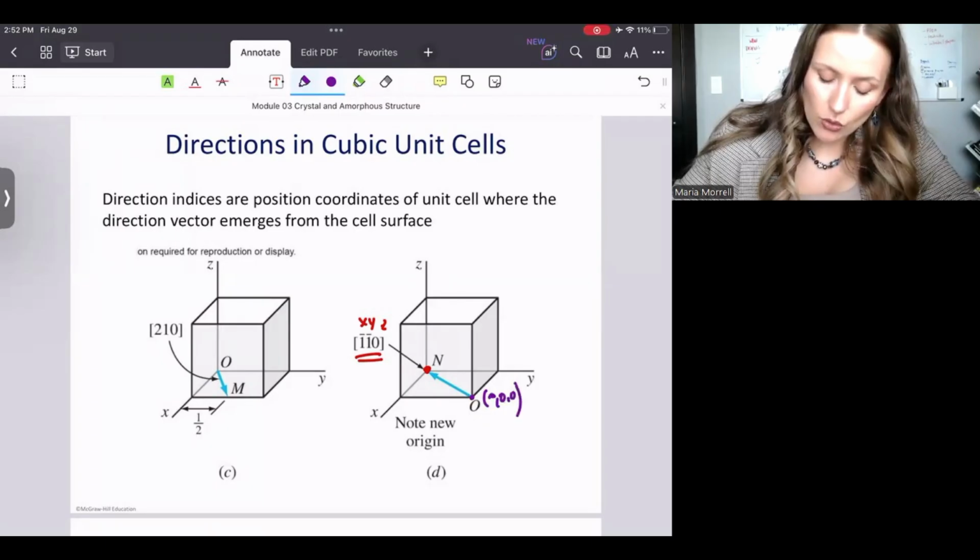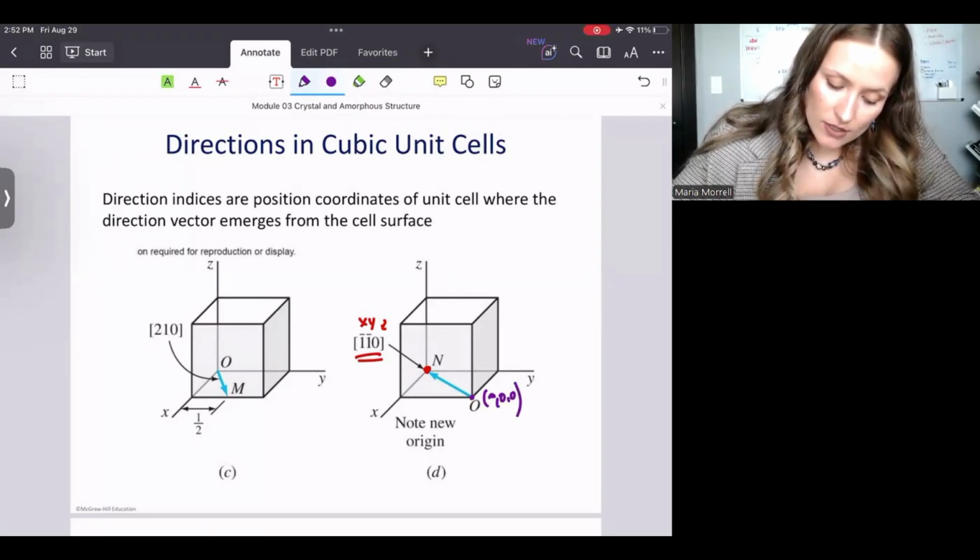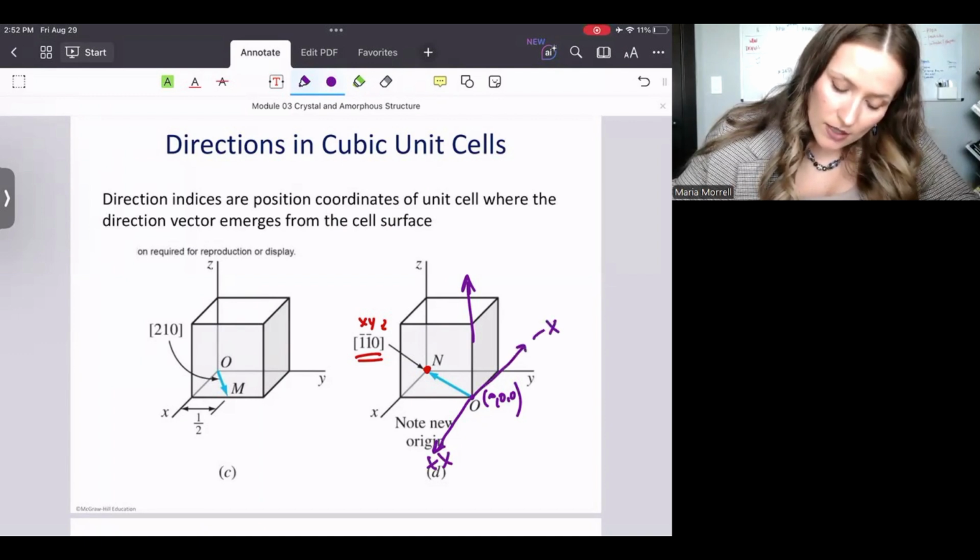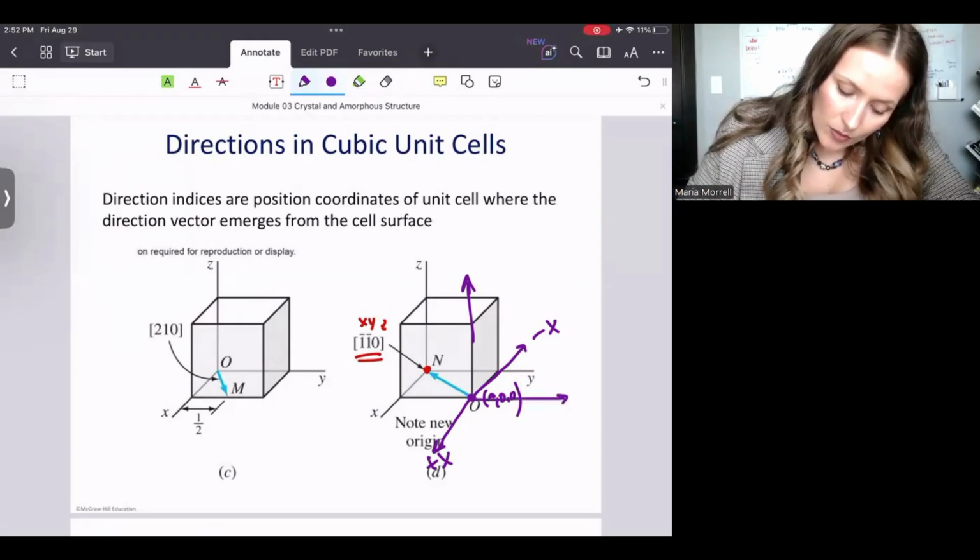This is going to be my new origin. And that means that this is going to be my positive z, this is my plus x, this is my negative x, this is my plus y, and this is my negative y, right?